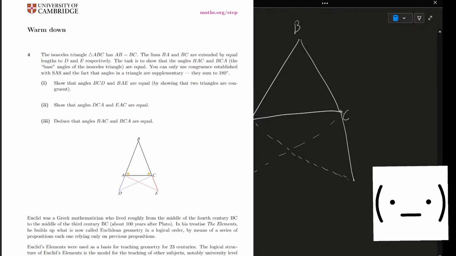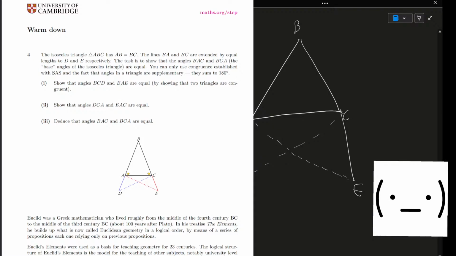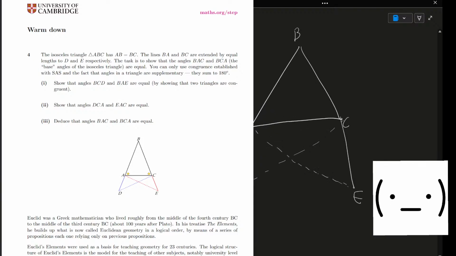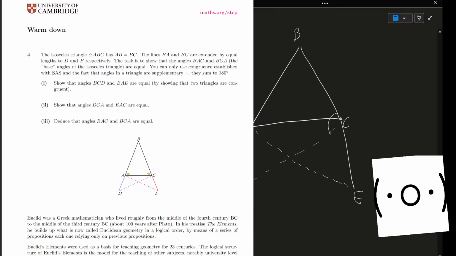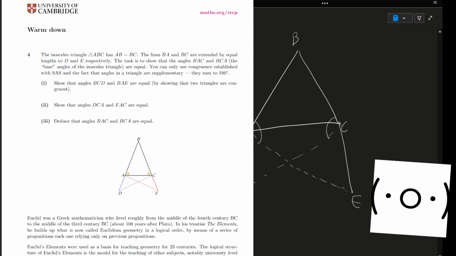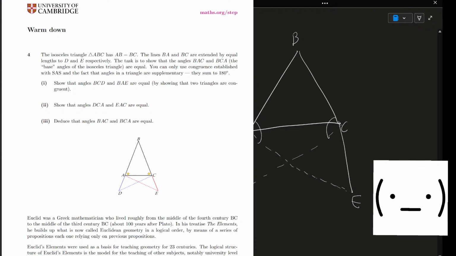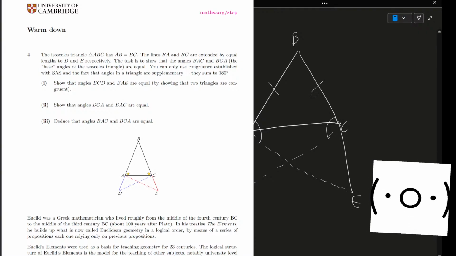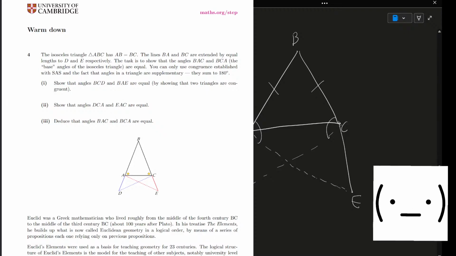You got AC, you got DE, you got B. Now you need to show that these and these are equal. You can only use congruence established with SAS. Already established, these two are equivalent.